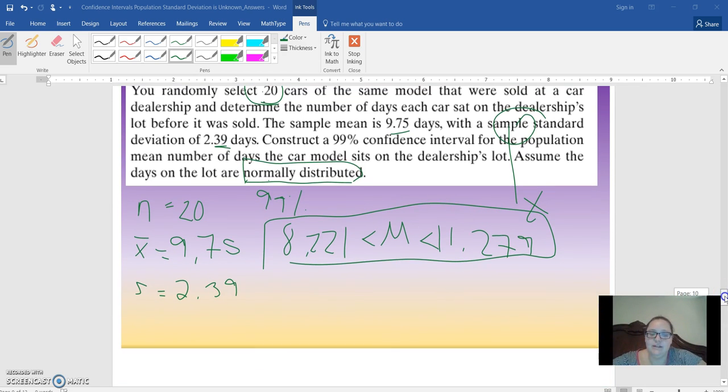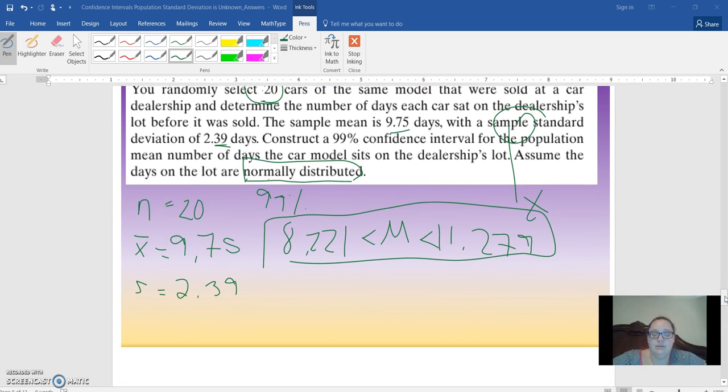And so if we're using the calculator, we can use the formula for margin of error. All we need to do is take this guy and then subtract each of those, and that will give us the margin of error. So we're going to do 9.75 plus or minus, and I'm going to do 9.75 minus 8.221, 9.75 minus 11.279.